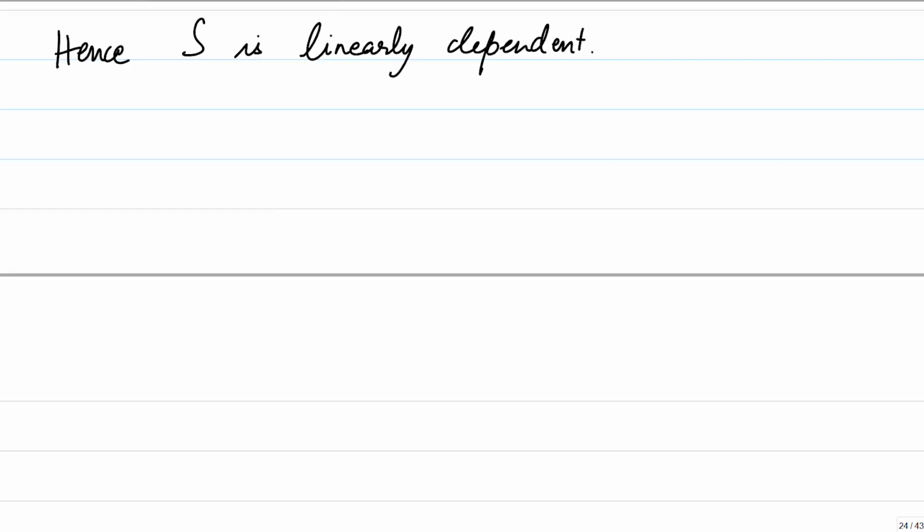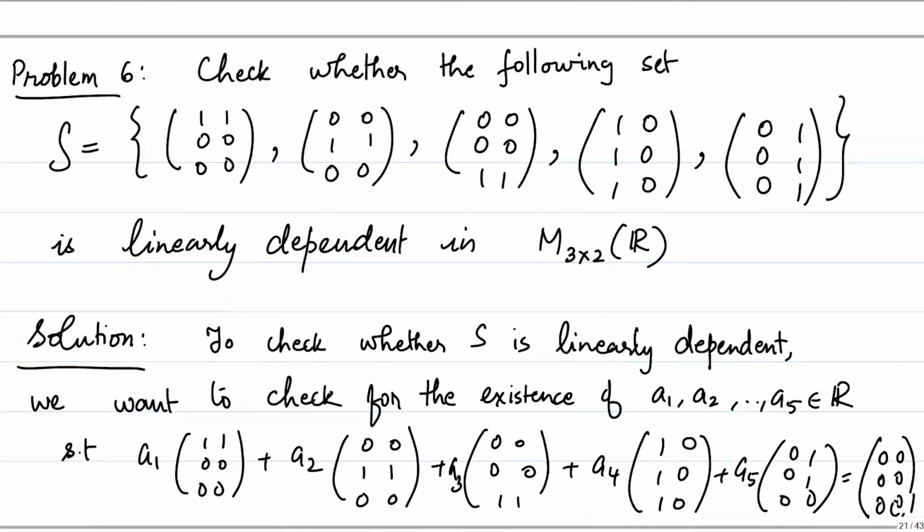The next problem demands that we check for a subset to be linearly independent. So, this is problem 7.